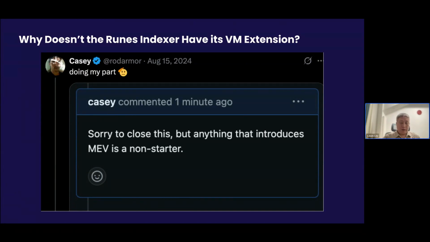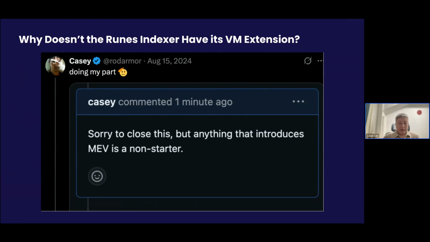The inventor of the runes protocol, Casey Rodarmor, has provided the answer explicitly: because indexer extensions rely on Bitcoin transactions to order the transactions, which means the higher fee you pay to the miner, the higher chance you get to be included in the block, and it's a type of MEV.